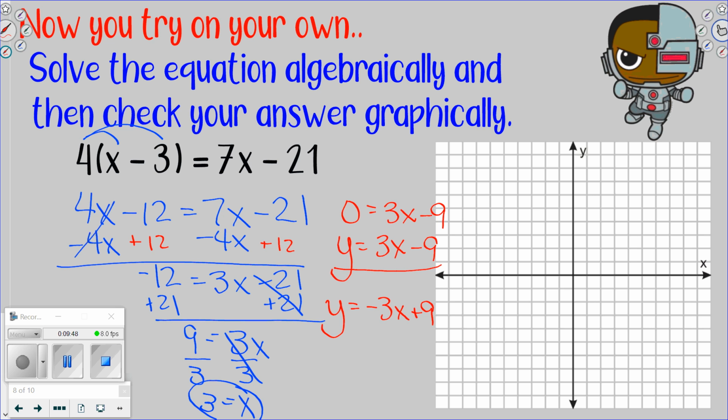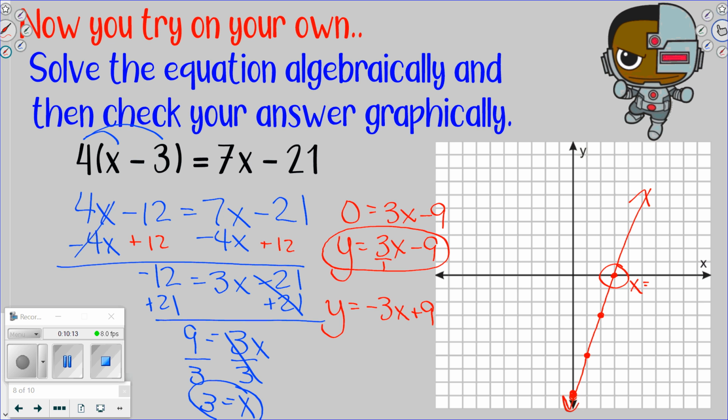Let's look at this one, because that's the way I did it first, right? So if I graph this one, I would start at negative 9. And then my rise over run would be up 3 over 1. So where did it cross?